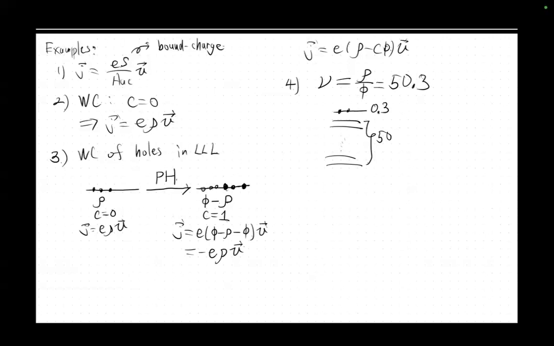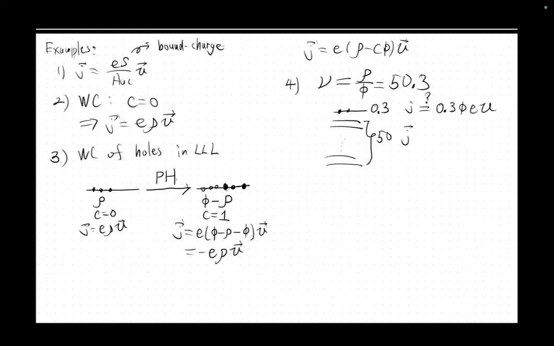Now, a standard way to deal with this problem is to freeze these 50 Landau levels and only look at the dynamics of electrons in the top Landau level. So our intuition tells us that J should probably be 0.3 phi EV. And now we can check this using a formula.